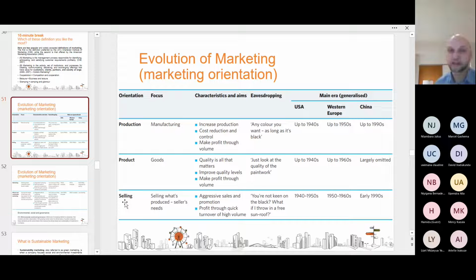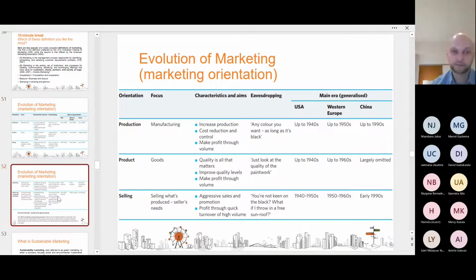So the same product is popular because of the marketing efforts, because of the promotions. And you see that the characteristic of this marketing orientation is aggressive sales and aggressive promotions. So still, there are some companies that are using this marketing orientation. It doesn't mean that in the 60s it ended. Now it's still quite popular.